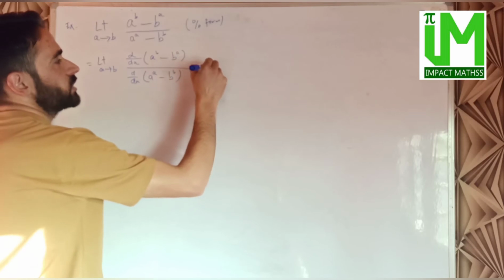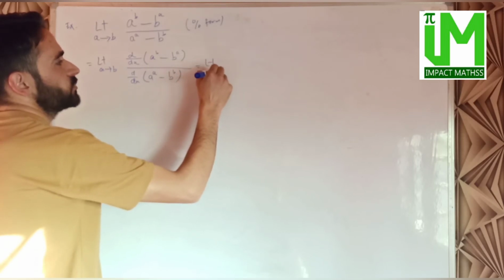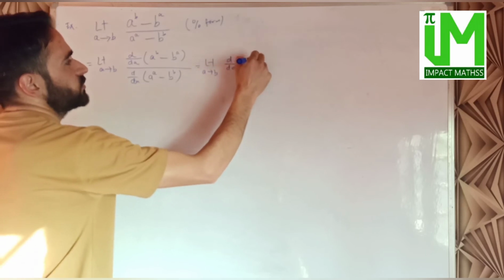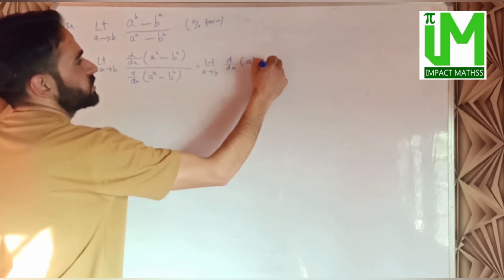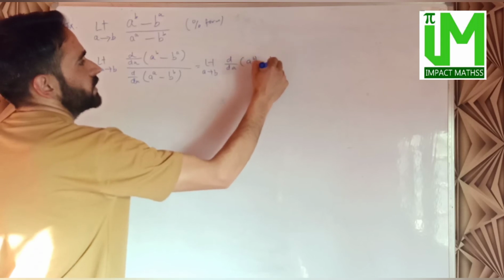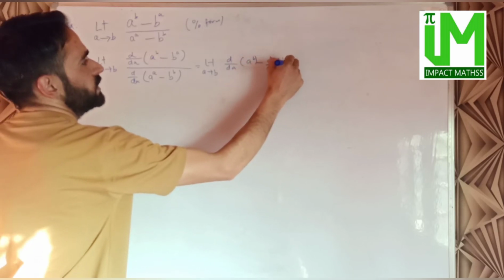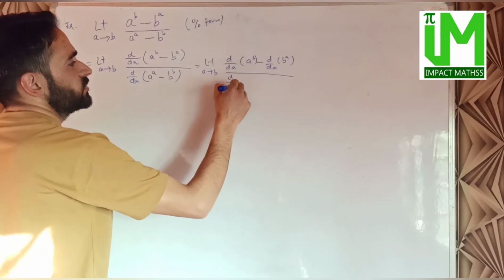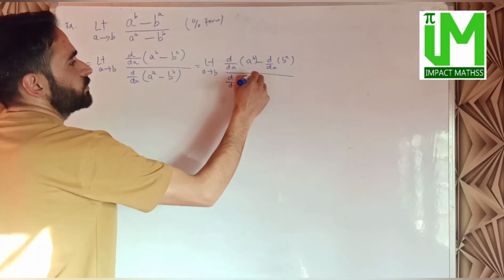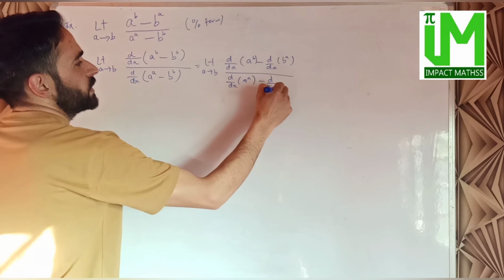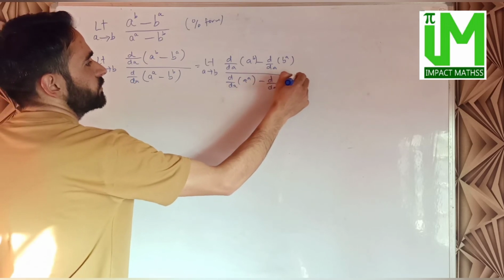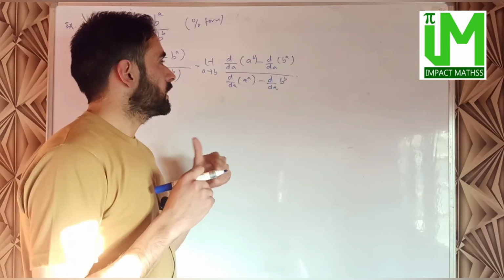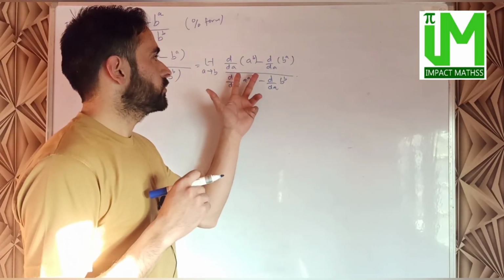We can again write this limit a tends to b, d by dA of a to the power b minus d by dA of b to the power a divided by d by dA of a to the power a minus d by dA of b to the power b. Now we have to find derivatives of all these terms. Now we have to find the derivatives of 4 terms here.